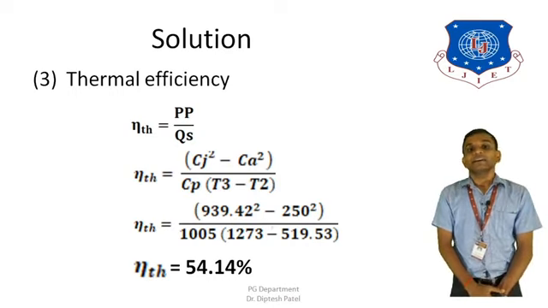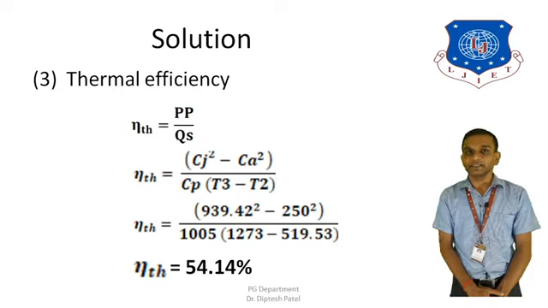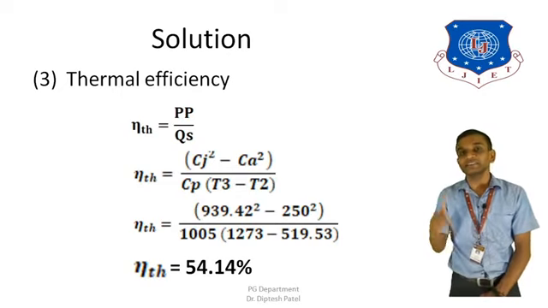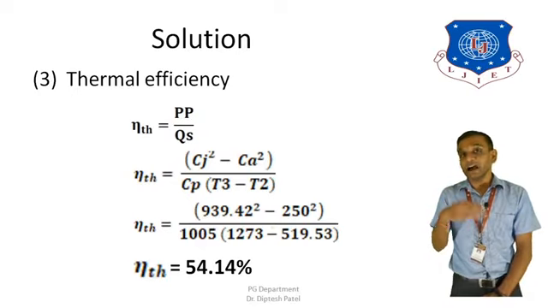So eta thermal is equal to (Cj square minus Ca square) divided by Cp (T3 minus T2), since heat addition takes place in process 2 to 3. Cj is the velocity of gases at the outlet of the nozzle, and Ca is the velocity of air at inlet.